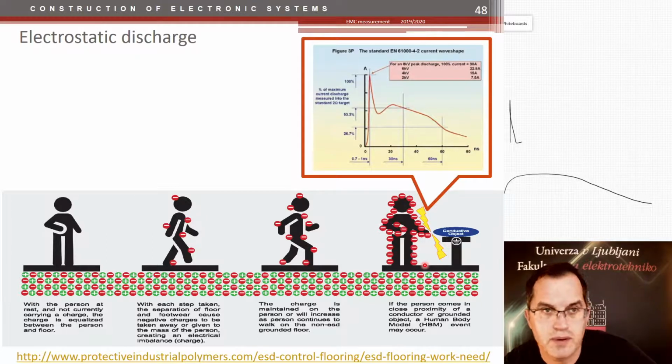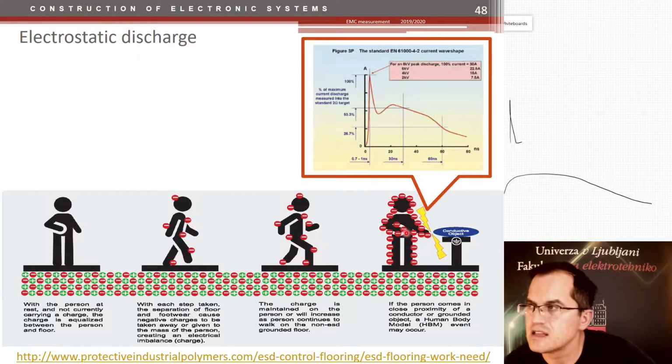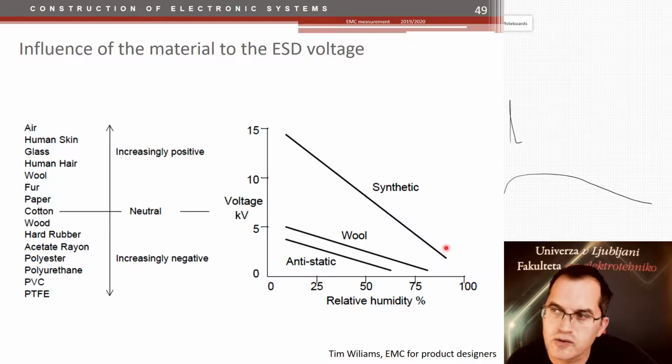These pulses are also defined and are very, very sharp, very short, but have high voltages. The voltage of these pulses depends on the relative humidity and the materials, and can be positive or negative.